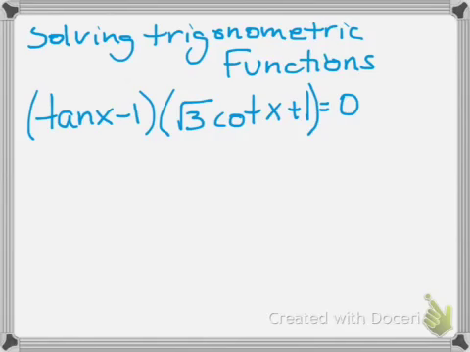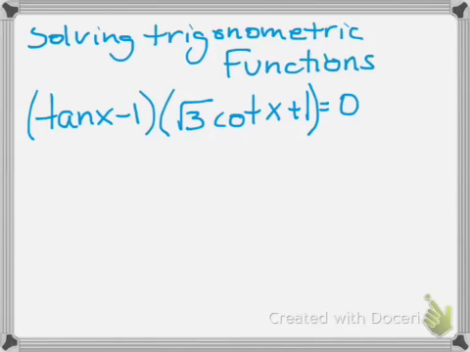So here we have tangent x minus 1 times square root of 3 cotangent x plus 1, and that is equal to 0. Since this is equal to 0, this is really your indicator on how to solve this. We have to use here the zero product property because basically it is factored for us already.